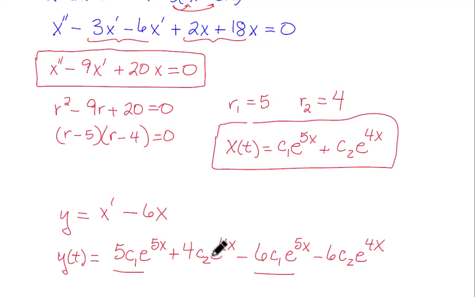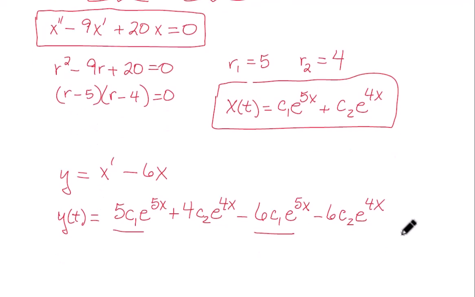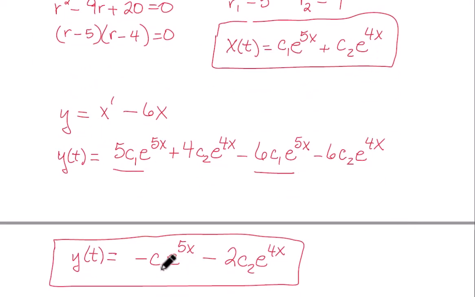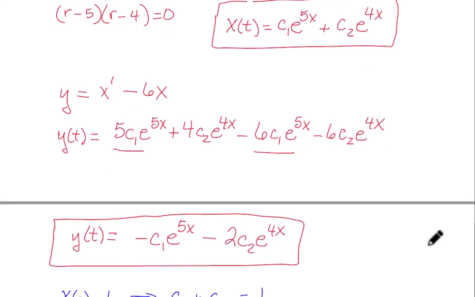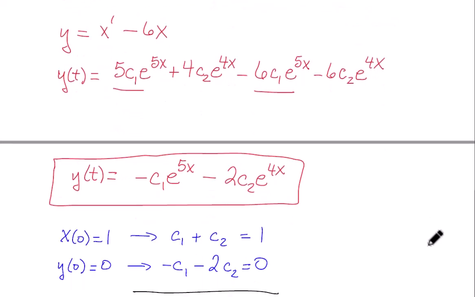So the first part here is x prime. The second part is from the x. Clean all that up, collect like terms, and I get what I know now for y of t.